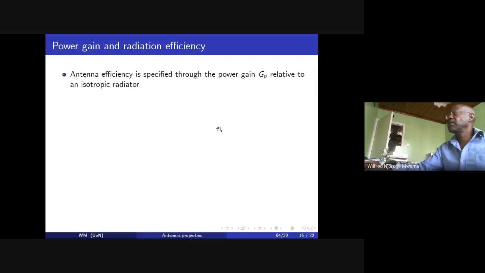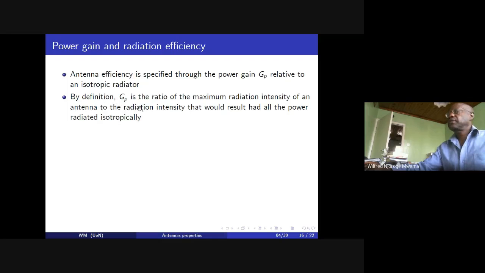If it was radiating in all directions equally, all we do is borrow that power that was being radiated to other directions and concentrate it in one direction. That's why we are calling it a power gain, but it's not an addition of power, so to speak. So by definition, GP will be the ratio of the maximum radiation intensity of an antenna to the radiation intensity that would result had all this power been radiated isotropically.